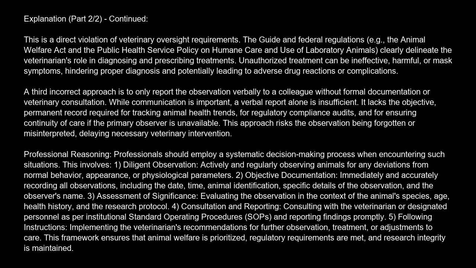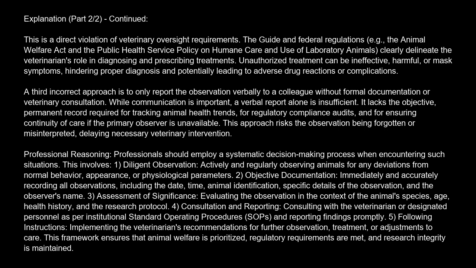Professional reasoning. Professionals should employ a systematic decision-making process when encountering such situations. This involves: 1. Diligent observation, actively and regularly observing animals for any deviations from normal behavior, appearance, or physiological parameters. 2. Objective documentation, immediately and accurately recording all observations, including the date, time, animal identification, specific details of the observation, and the observer's name. 3.